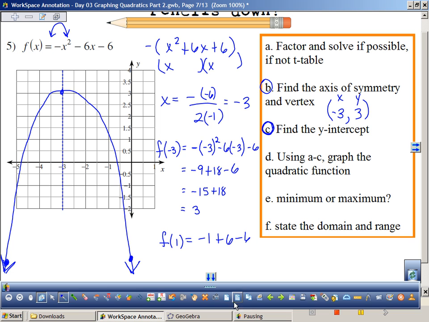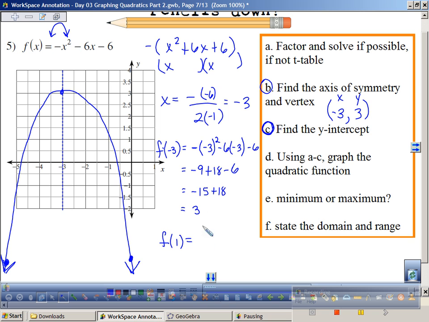Plus 6 minus 6. So if we put in 1, we're going to get negative 1. That makes sense. No, it doesn't. It should be negative 1. This should be plus 6.